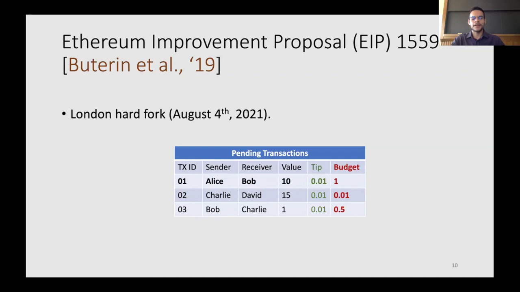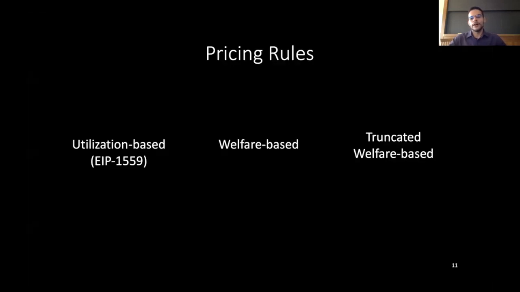Now EIP 1559 has the concept where the bidders make the payment of the posted price, but that payment actually doesn't go to the miner. But that's also not going to be important for the main concept of this talk. So here we study 3 different ways you could dynamically set prices.